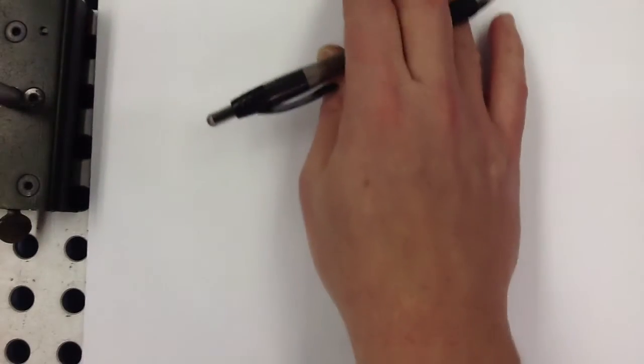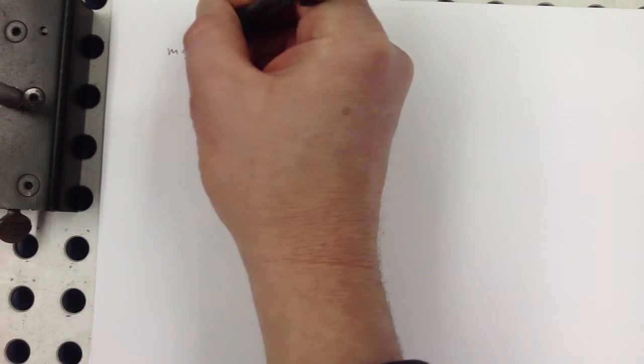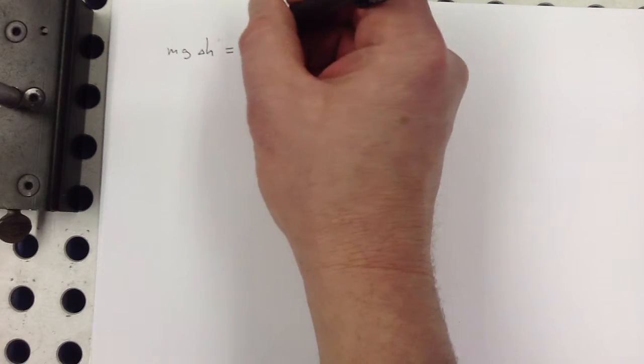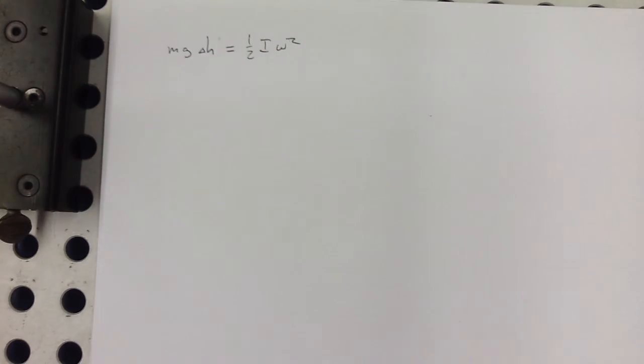You wouldn't have to do it this way, but it's very cool the way it works, and it uses some nice calculus that we know how to do. So going back to part A, where we had mg delta h is equal to 1/2 I omega squared.